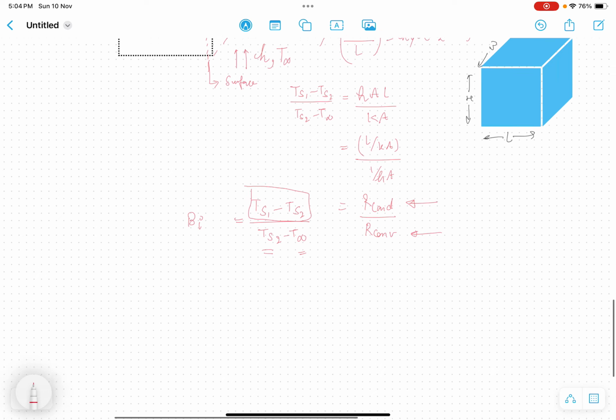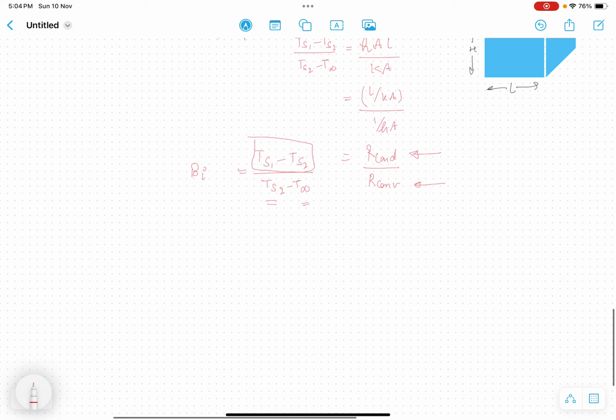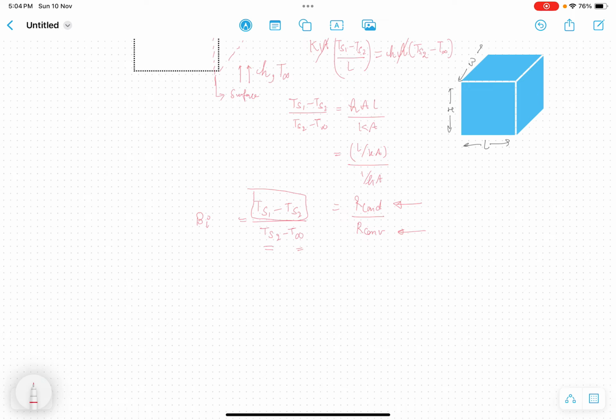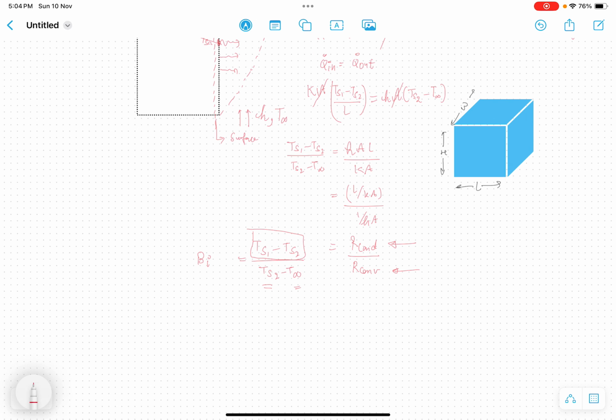So if the conductive resistance is more inside the body, let's say the solid body is insulating, the conductive resistance will be high, so the Biot number will be high. Larger the Biot number means larger the conductive resistance of the body and larger the temperature gradient.